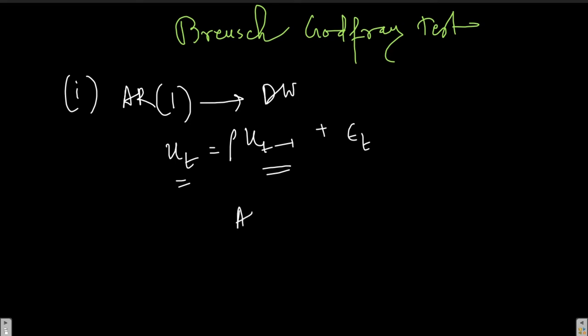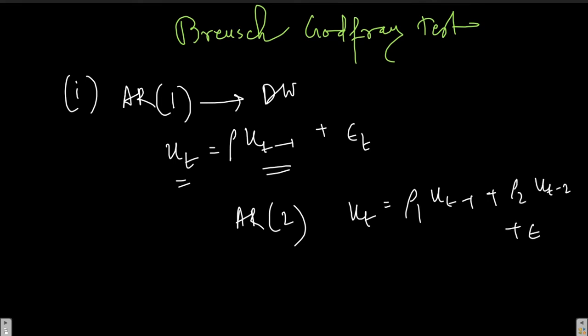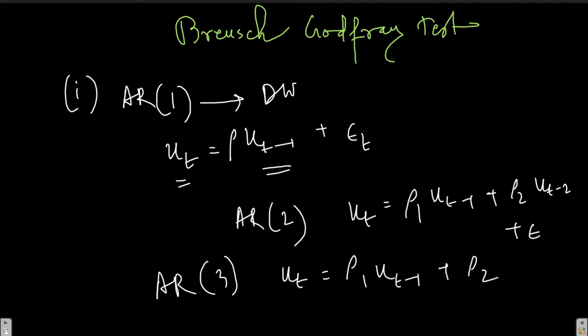So let's say AR2 process would be represented, if I write down the error term, like ut is equal to rho 1 ut minus 1 plus rho 2 ut minus 2 plus the innovation term. Similarly, for AR3 process, I will write ut is equal to rho 1 ut minus 1 plus rho 2 ut minus 2 plus rho 3 ut minus 3 plus the innovation term.